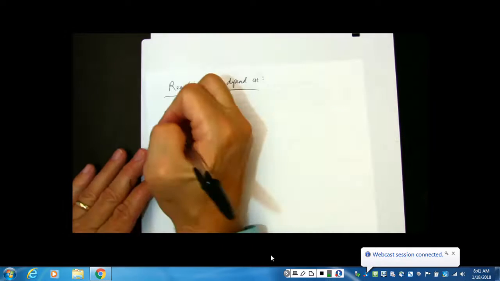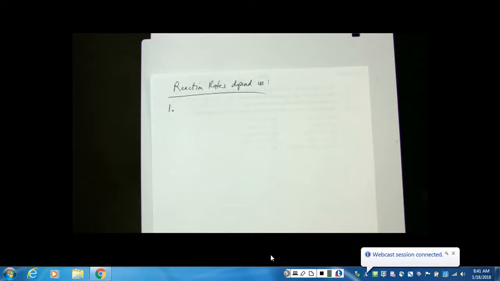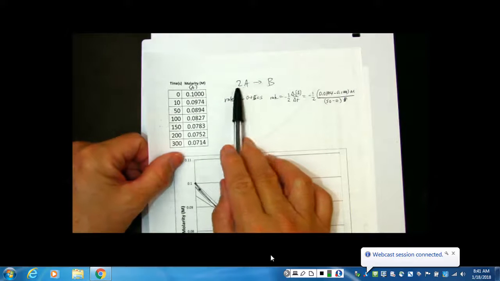Yes, Mr. Louie. Is it the coefficient in the chemical reaction? Actually, the stoichiometry doesn't really affect it, other than it might affect what the mechanism is, which then affects the rate law. So that's not what I'm looking at. In other words, the fact that there's a 2 there doesn't make a difference as to whether it's a 2 or a 1.